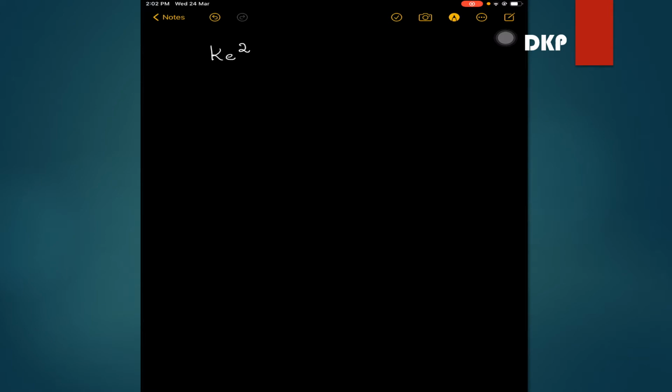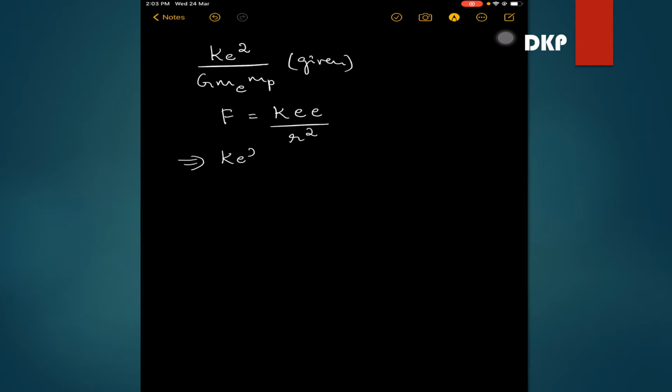Ke square upon G into mass of electron into mass of proton is given. The electrostatic force between two charges, that is F, is K into charge of electron into charge of proton divided by the distance square, which implies Ke square is equal to F into R square.